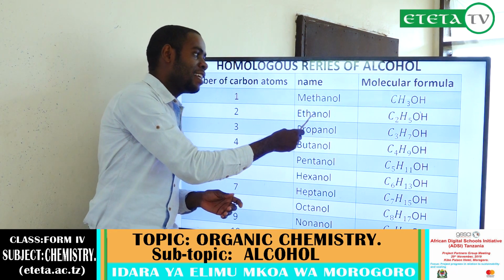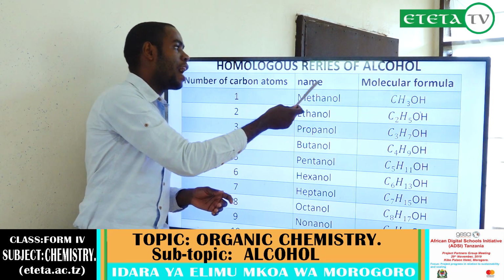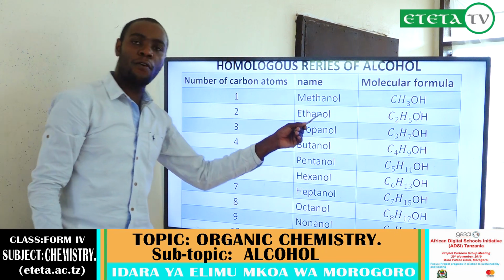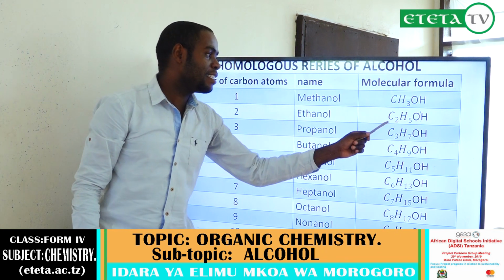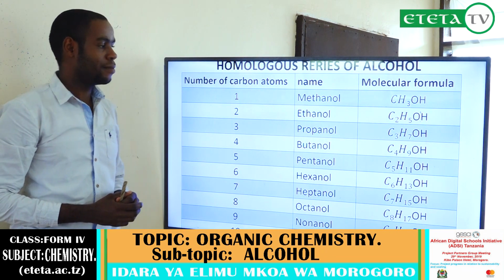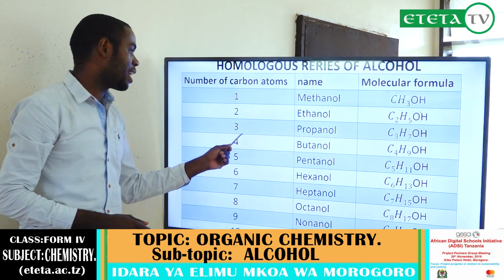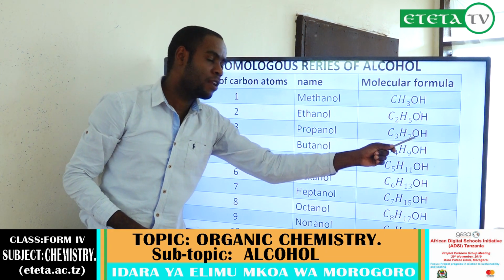Ethanol is the second compound of alcohol. The number of carbon for ethanol is 2, and the molecular formula is C2H5OH. Propanol, 3 carbon atoms, is C3H7OH.